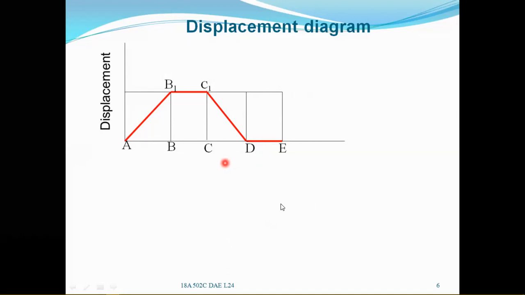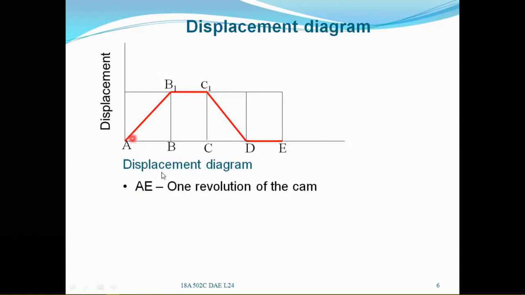That means crank angles, you can say. This is the displacement diagram for the follower moving with uniform velocity. A, B1, C1, D and E will be the displacement diagram if the follower moves with uniform velocity for one revolution.